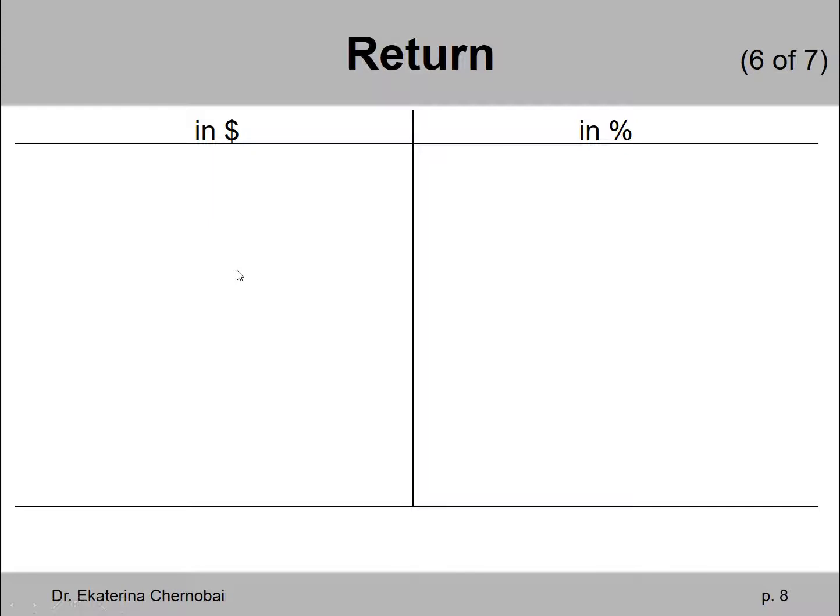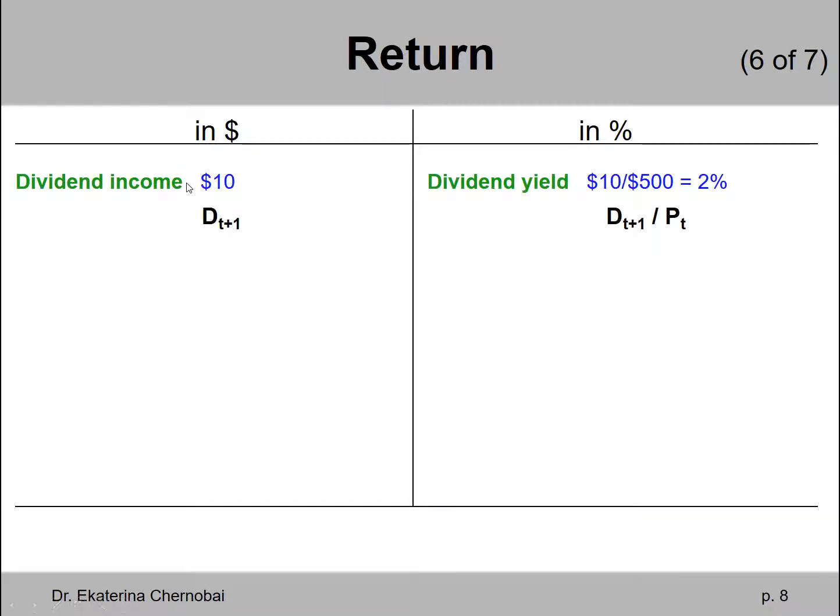So in this example, the income that comes from the dividend paid to you is called the dividend income, which is $10. That's capital D subscript T plus 1. The dividend yield is the same thing except expressed in percent. Percent relative to how much was invested at the beginning of the year. So we take $10, divide by $500 and get 2%.